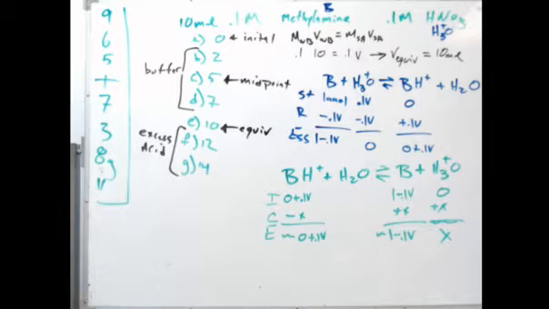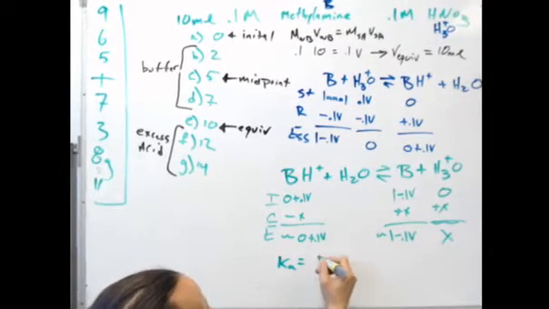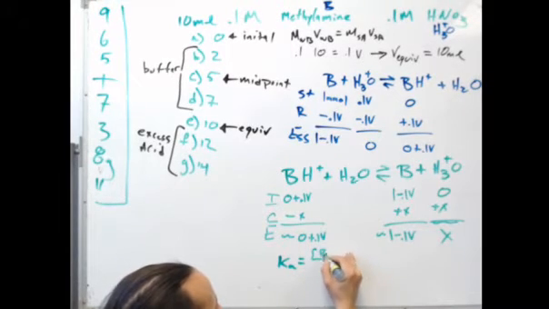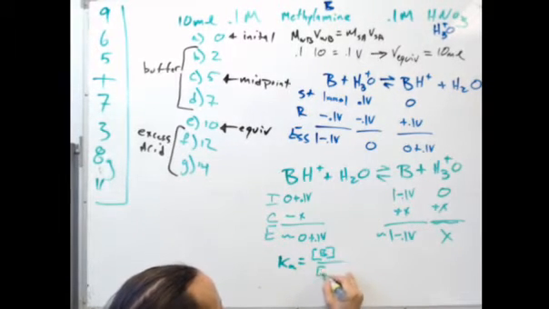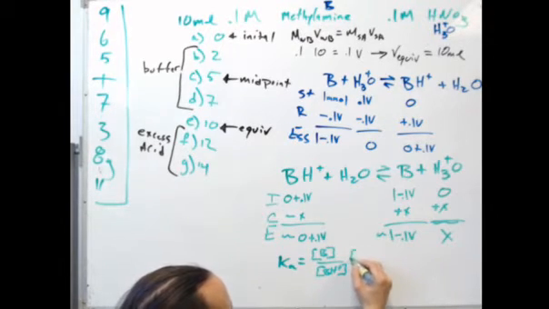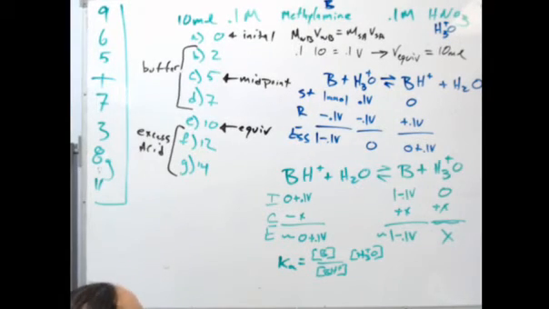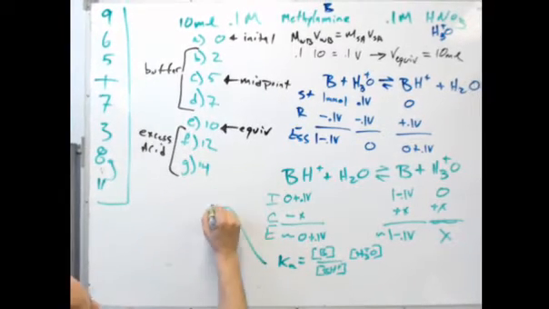Now, since this is set up as a Ka, I'm going to have Ka is equal to the concentration of B over BH, products over reactants, times the concentration of H3O+. This will lead us to our shortcut, right?